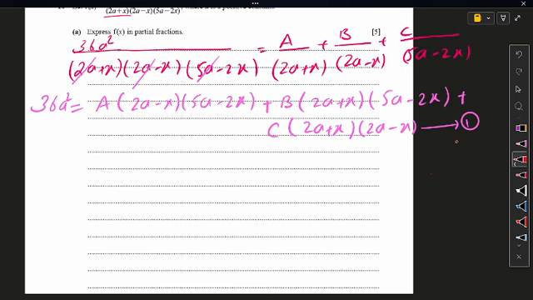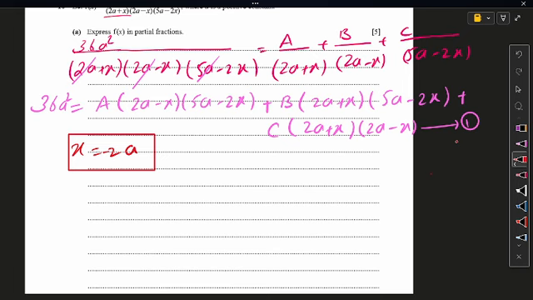For example, the b contained (2a plus x) and (5a minus 2x). If I am using the value of x is equal to negative of 2a, see what happens.